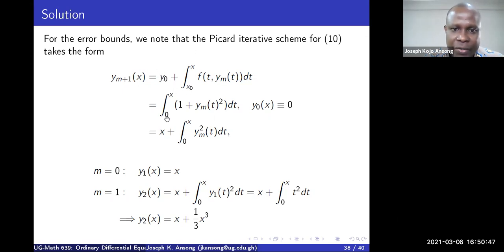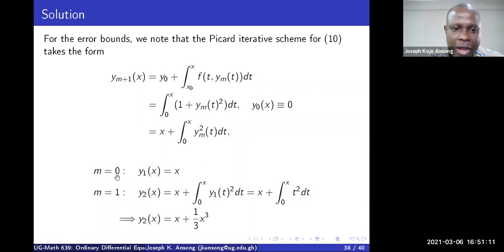Y naught here is 0, so we end up with this, where f is 1 plus y squared. All right, so that gives us these estimates. We're going to put successive estimates in here. Here we can integrate 1, and that gives us x. Also note that we are integrating from 0 to x because our initial value is 0. So if you integrate 1, we get x plus the integral from 0 to x of this term here.